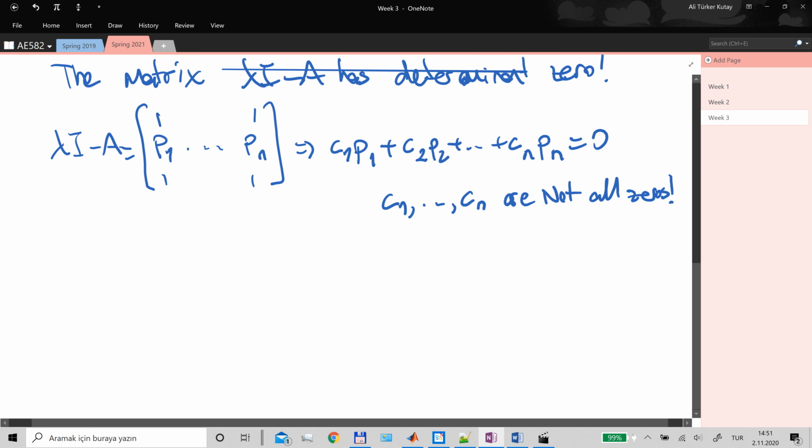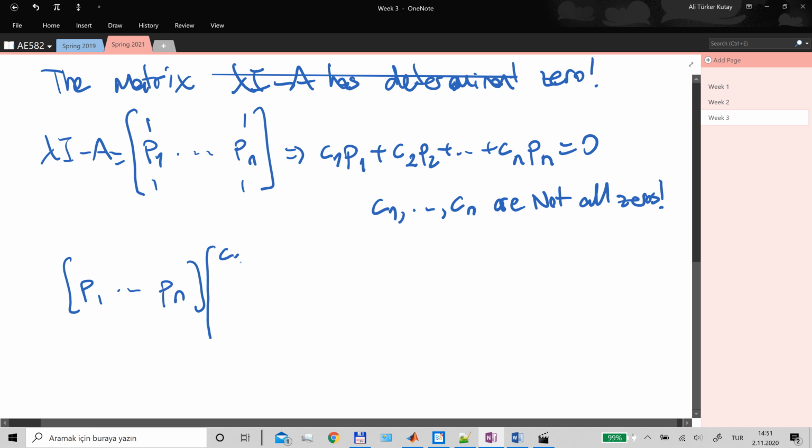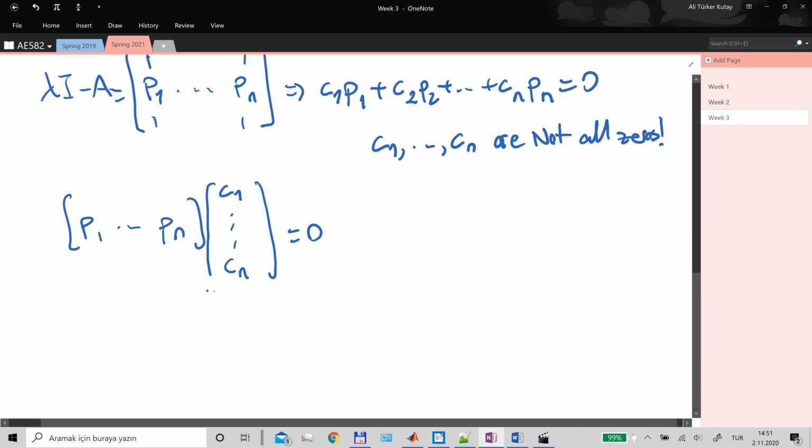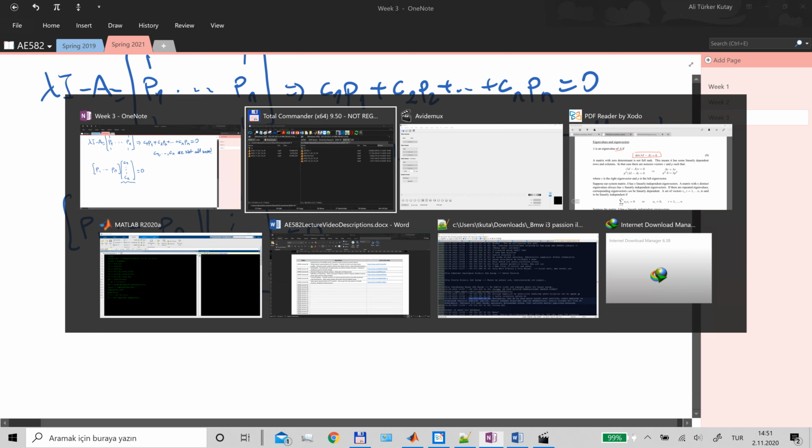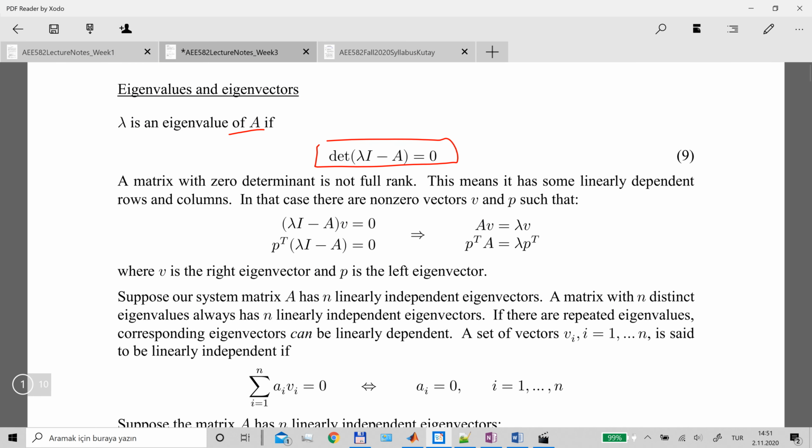So that means you can write this in this form. You can take these vectors and multiply them with a column vector where the elements are these coefficients C1 through Cn, and that is equal to 0. You call this vector of coefficients, which gives the zero vector from the columns of this lambda I minus A matrix, an eigenvector for that matrix.